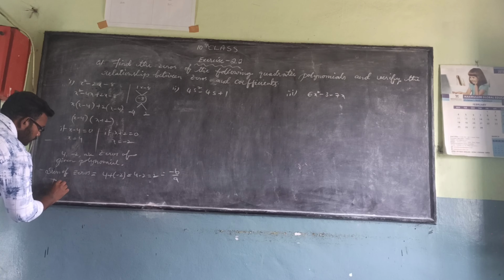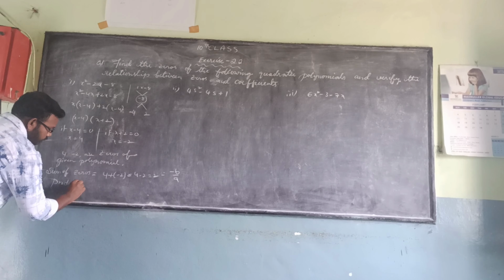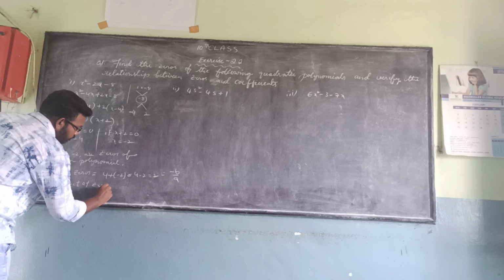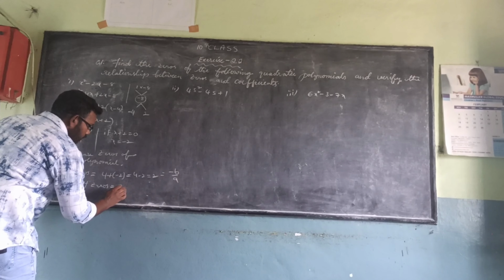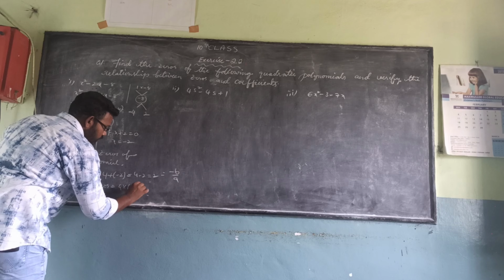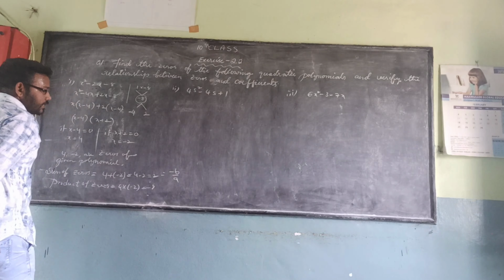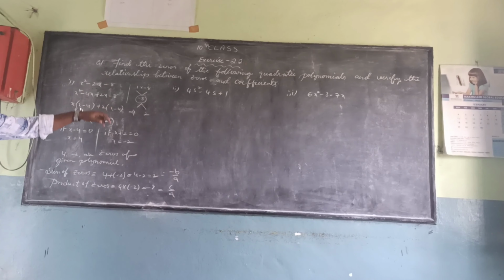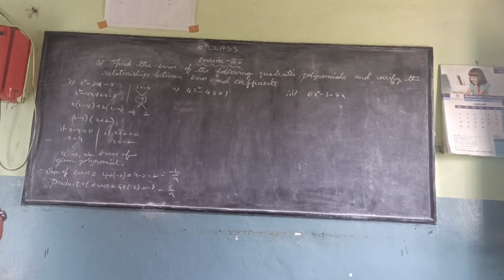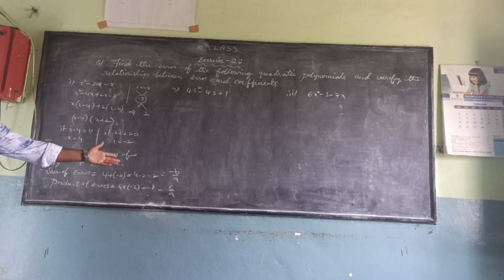And the product of zeros: 4 into minus 2 gives minus 8. That is equal to c by a. Here c is the constant and a is the x square coefficient. So this is the relation between zeros and the coefficients.